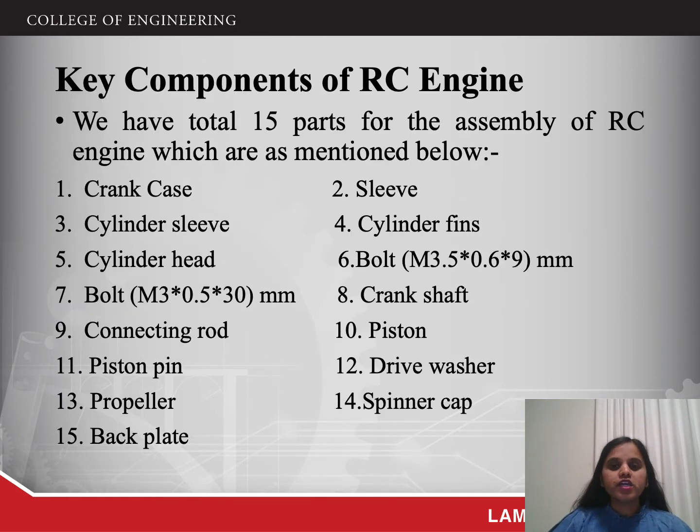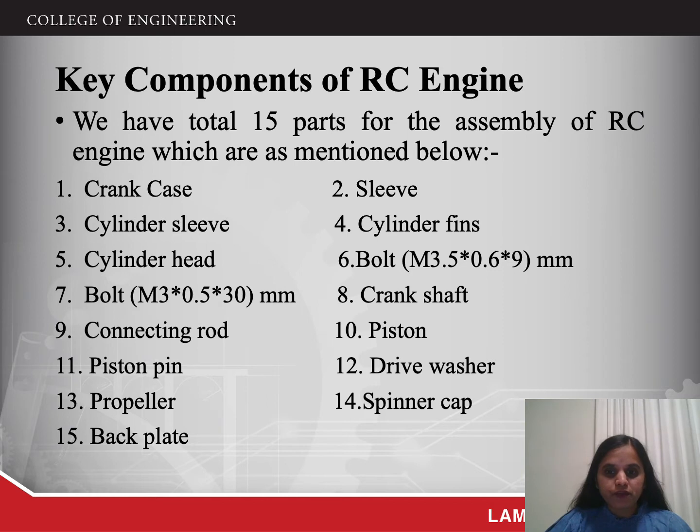After that, the key components of the RC engine, where we have a total of 15 parts in the assembly. The first one is the crankcase, second sleeve, third cylinder sleeve, fourth cylinder fins. After that, the cylinder head. We have used two types of bolts.